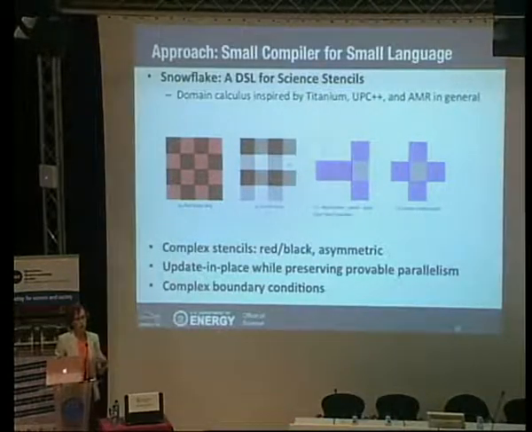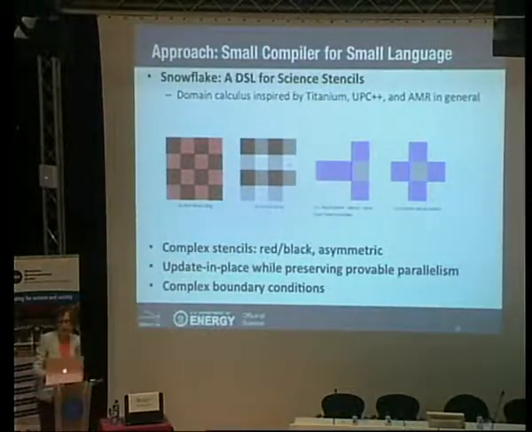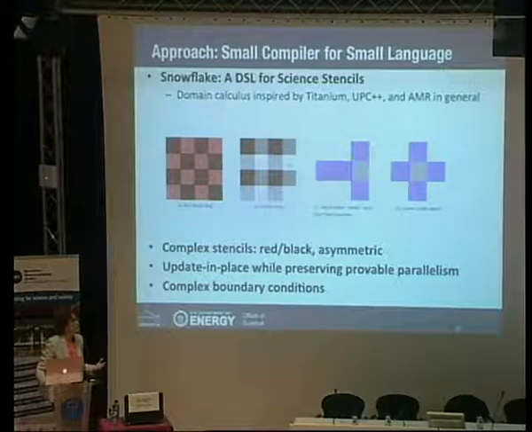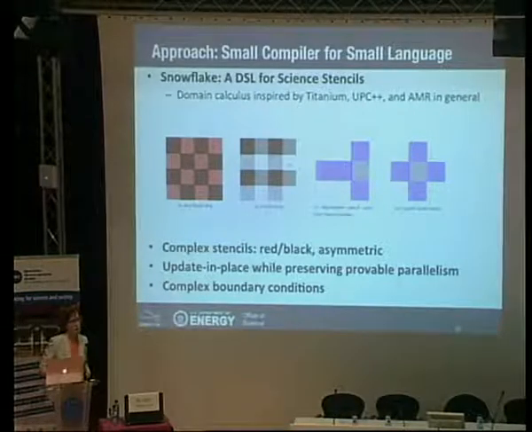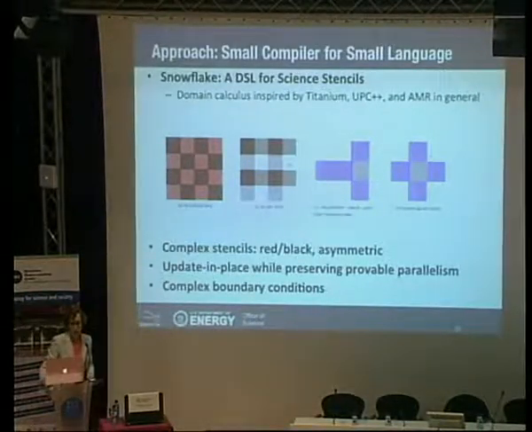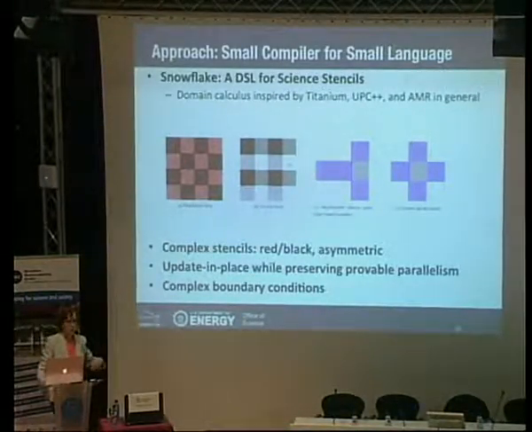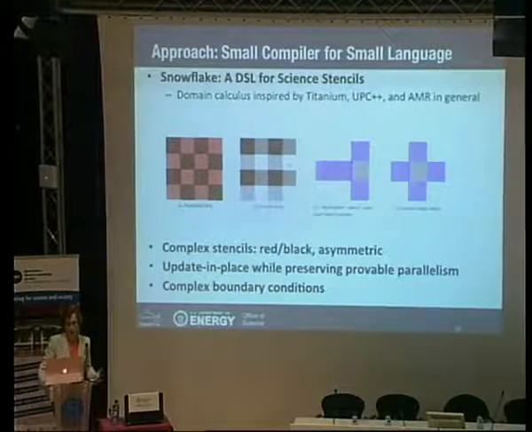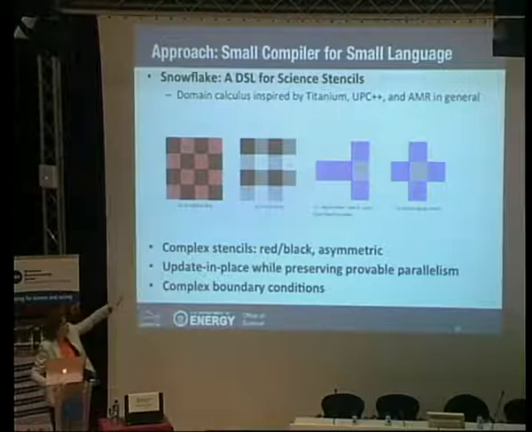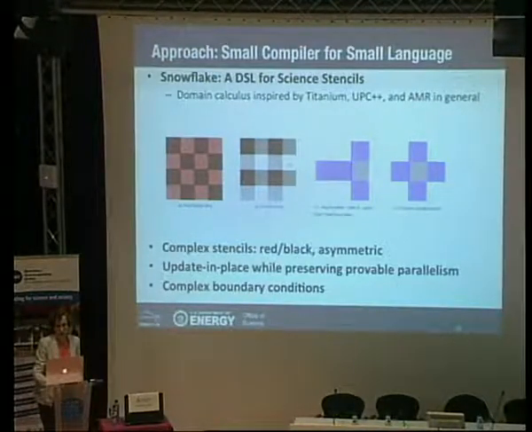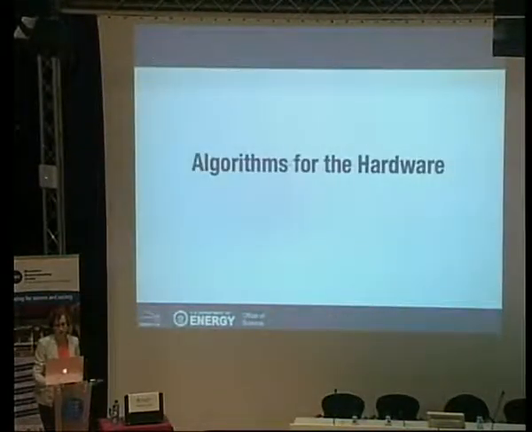And there are also physical boundaries that come up in various contexts in the scientific applications, such as if you're simulating, say, the combustion process in an engine, you've got the structure of the engine in the way. So I think there's still a lot of work to be done in more powerful ways of building these domain-specific languages for things like these much more complicated stencil patterns and boundary conditions.